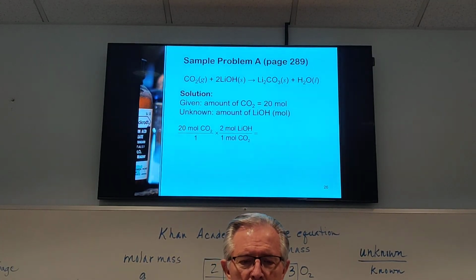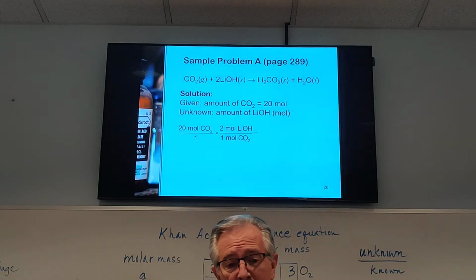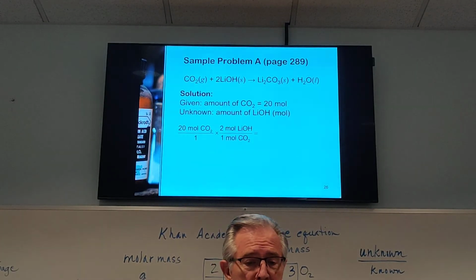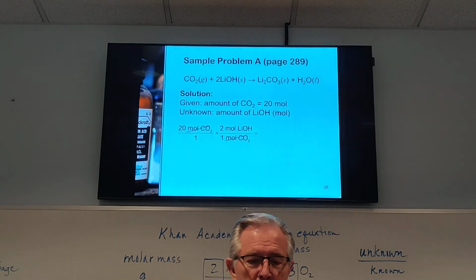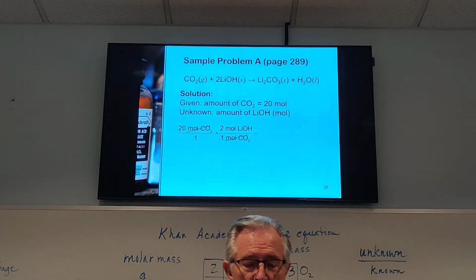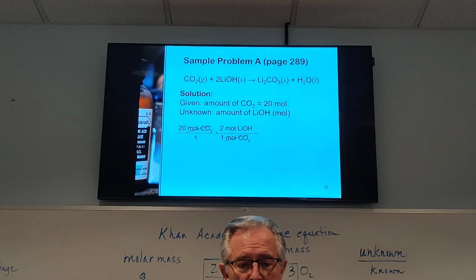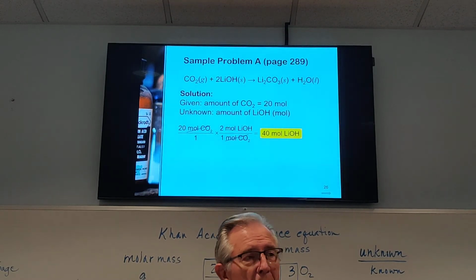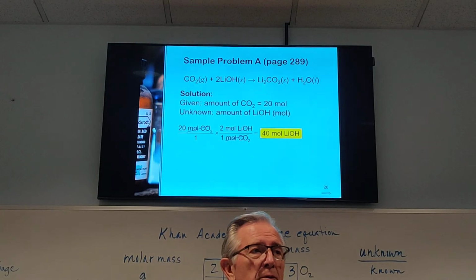The 2 is in front of LiOH. The 1 is in front of CO2. So it's 2 times 20 divided by 1. And that just shows you everything canceling out. My moles cancel out, my CO2s cancel out, and my answer is 40 moles of LiOH. So I need 40 moles to be able to use up all the CO2.